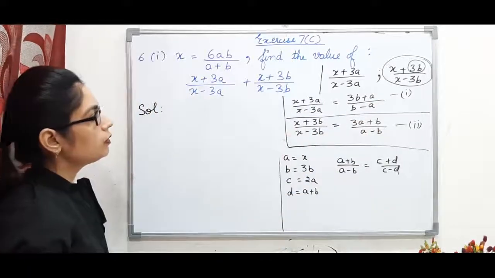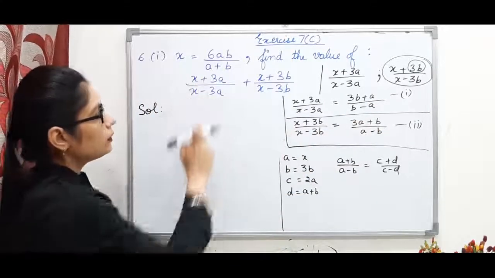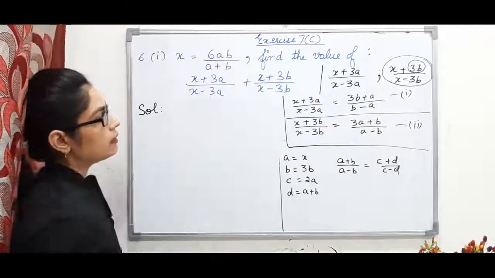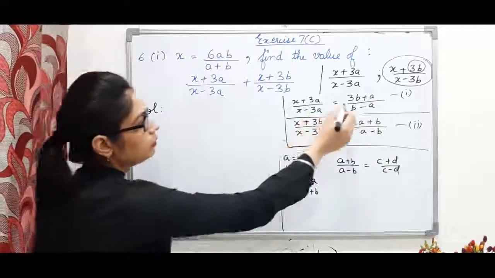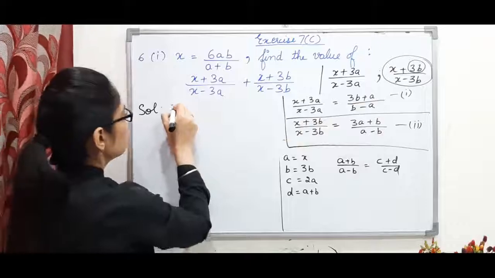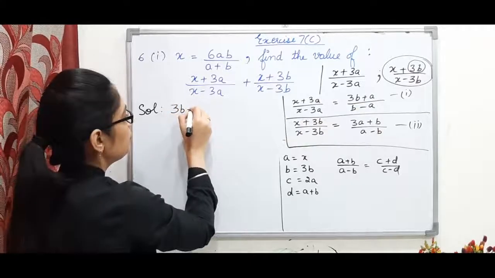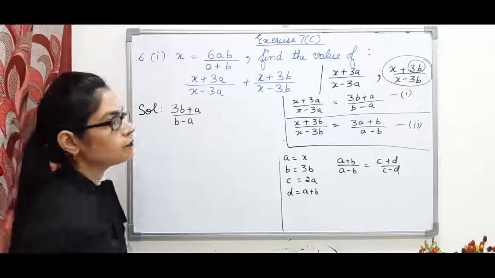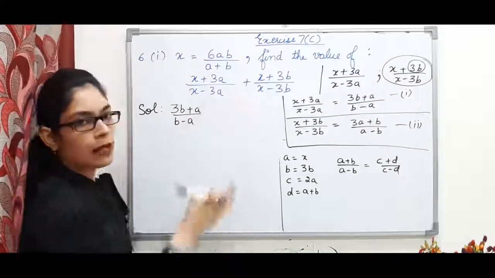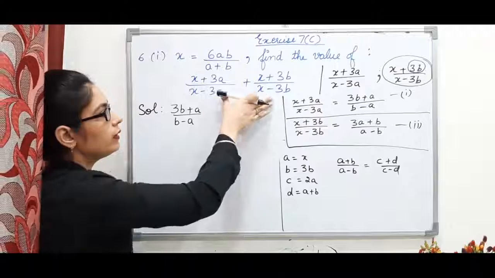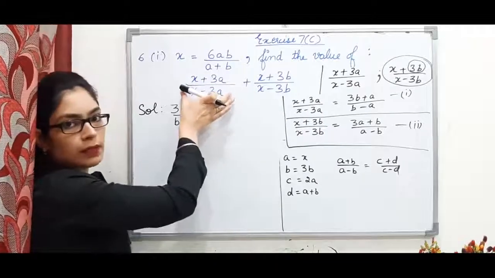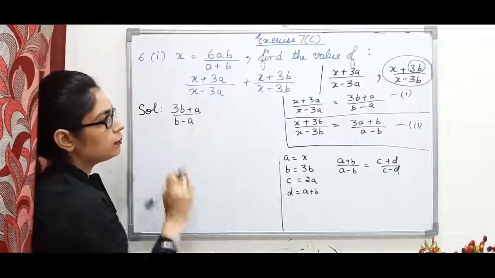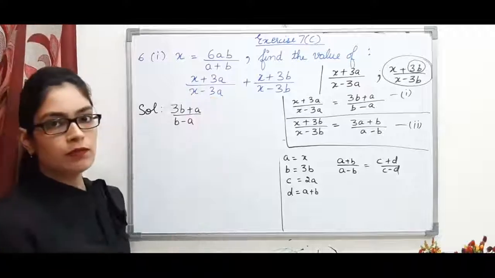So let's substitute accordingly. Now x plus 3a by x minus 3a is equal to 3b. In place of this I will write its value, 3b plus a upon b minus a. Just see, this is the expression I am finding, which I have already written. In place of this I will write this, because this is the value of the expression which I have found.